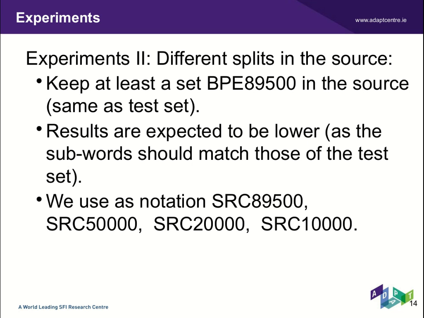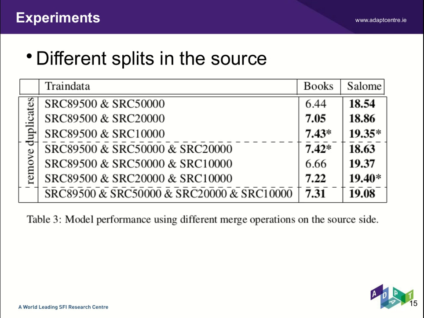Actually, by doing this, we expect lower results, because as the different splitting is done on the source side, we expect a lower matching between the source side and the test set. And in this case, we are using the notation SRC and the number of merge operations, as the different splitting is on the source side.